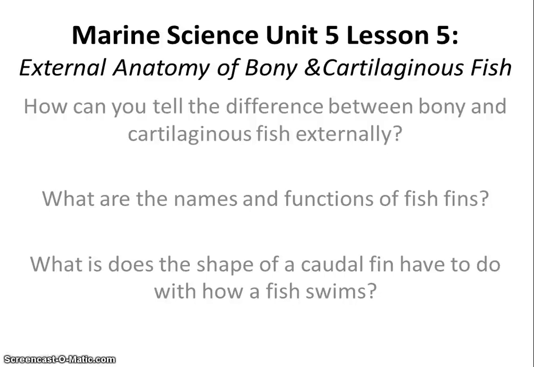We started talking about the 5 main differences externally between sharks and bony fish: ventral mouths, spiracles, covered gill slits, rough scales, homocercal versus heterocercal caudal fins, stiff pectoral fins, that sort of thing. Then we started talking about both organisms' generalized fins and their functions: pectoral, pelvic, anal, dorsal, and caudal fins, and what all those fins do.